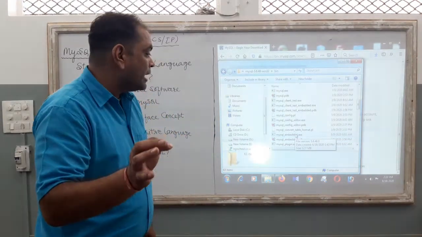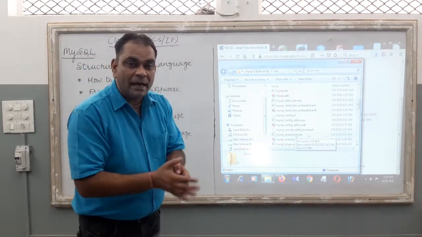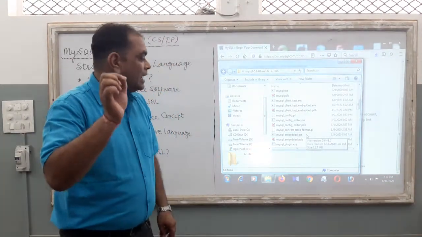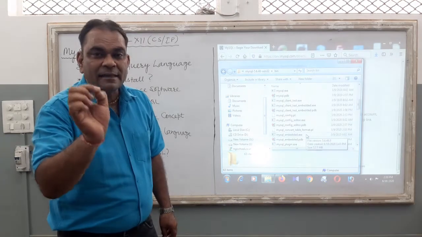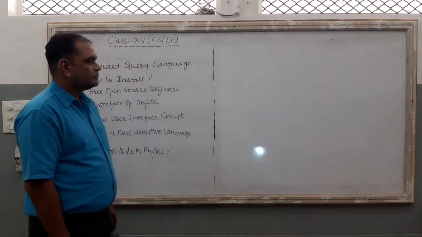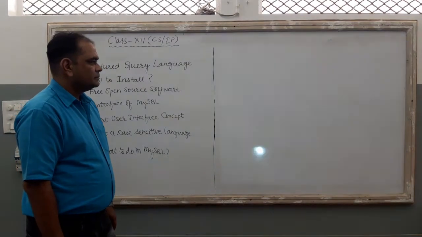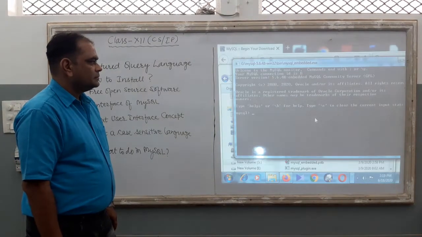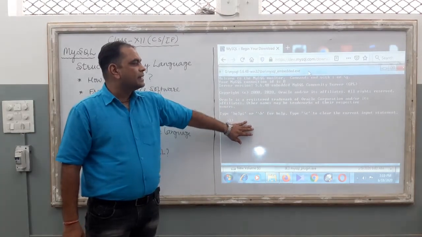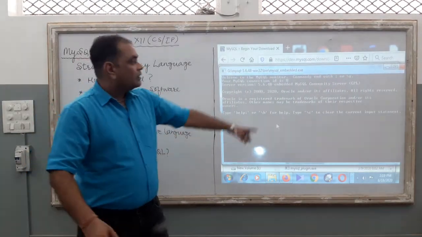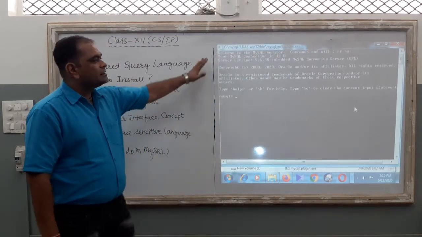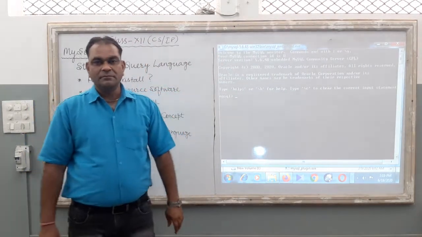I am telling you again, if you want to execute MySQL in your PC, you have to click on the MySQL embedded.exe file. Just click. Run. Here you can see it is the interface, the starting screen of your MySQL. Just maximize that screen. It is the starting screen of MySQL, right?